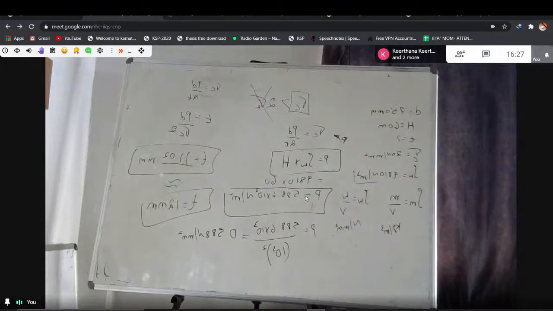I will check if any other problems are left in the thin cylinder. Right, so we'll take the thick cylinder now.